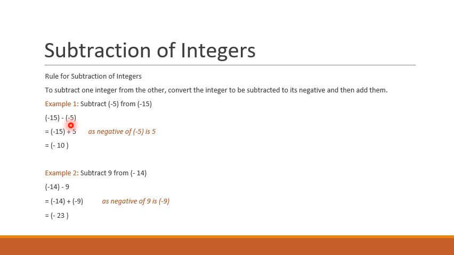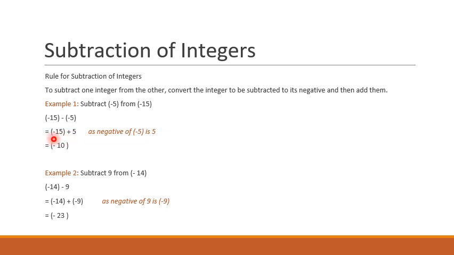Now what the rule says, convert the integer to be subtracted. So this is the integer to be subtracted, minus 5. Convert it to its negative. So negative of minus 5 is plus 5. So we convert the integer to be subtracted to its negative and then add the two integers.